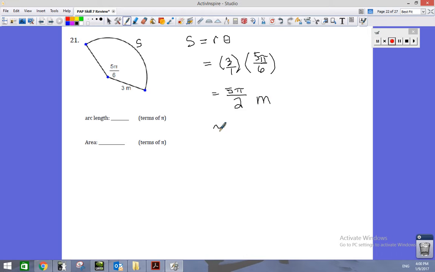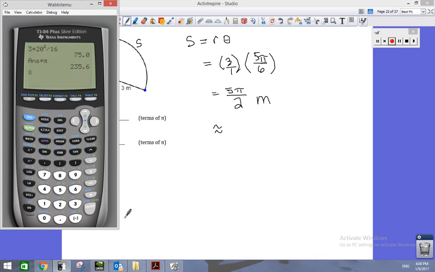If I want a decimal approximation to that, I can go to a scientific calculator, take 5 times pi, divided by 2.